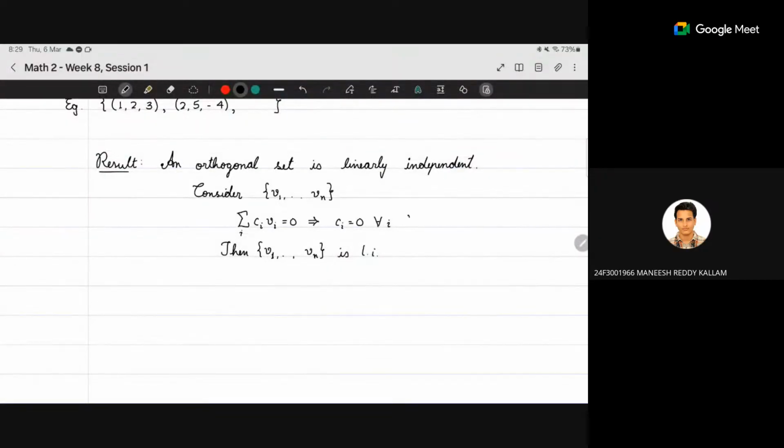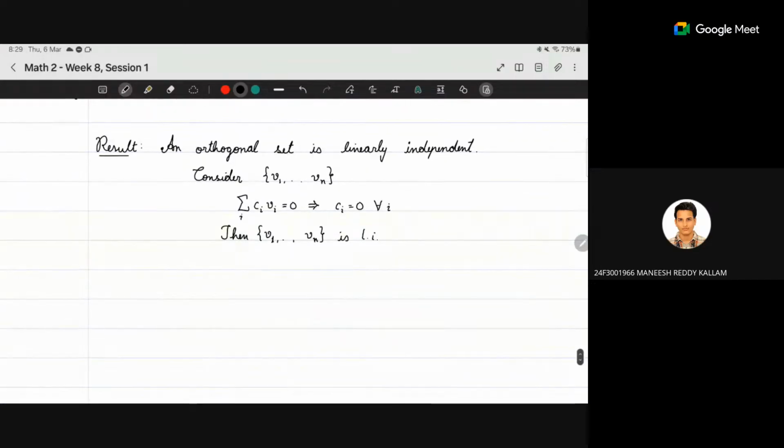But proving this statement would involve setting up a system of linear equations using Gaussian elimination or whatever tool is at your disposal. But if it is known, suppose the given set is an orthogonal set.